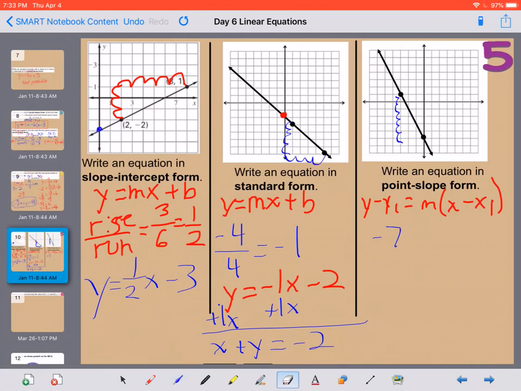Sorry, negative 6. And over 1, 2, 3. That's going to simplify to a negative 2.